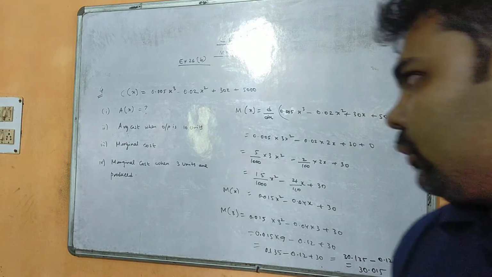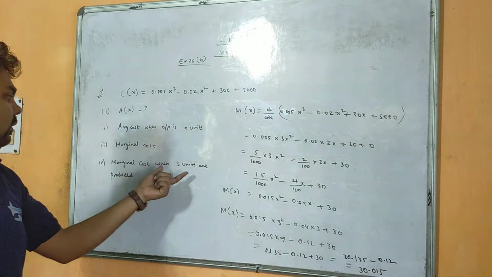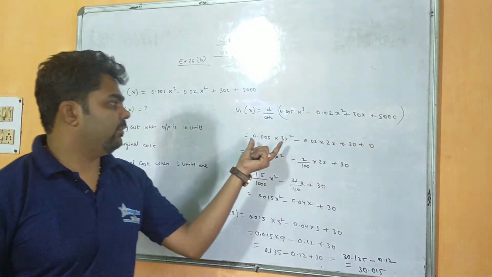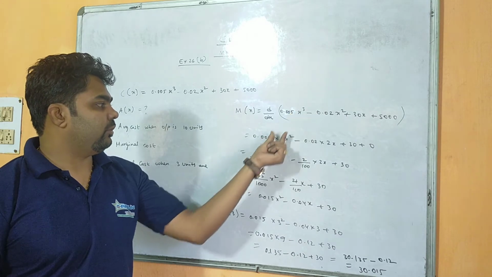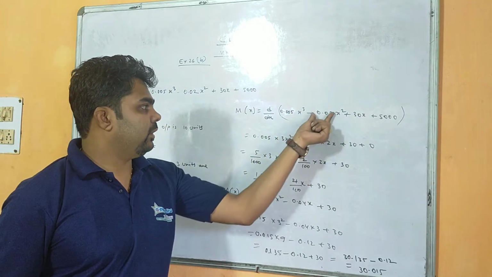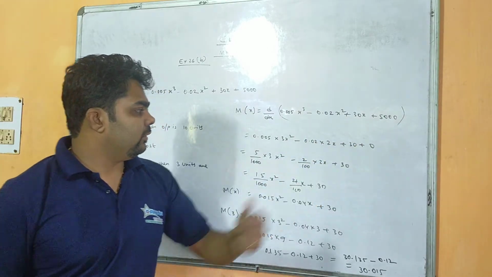So next question we have here, marginal cost we have to find, and we have to find when x is 3, right? So for marginal cost we have to differentiate this one. See, I have differentiated here. d/dx of x cube is 3x square, this one as it is. d/dx of x square we have here 2x as it is. d/dx of 30x is 30, and d/dx of 5000 is 0.